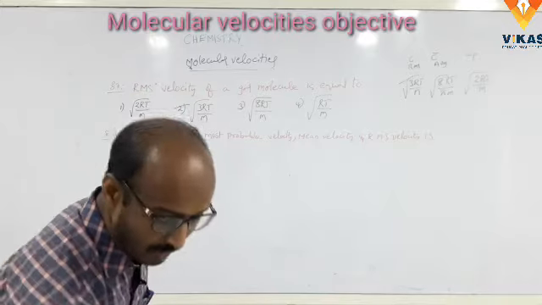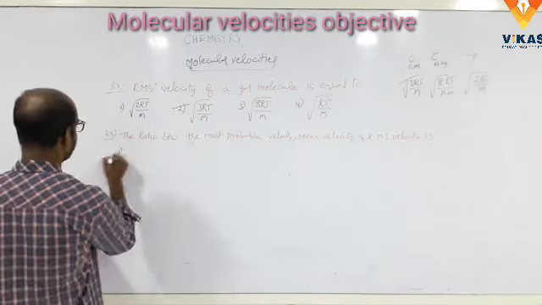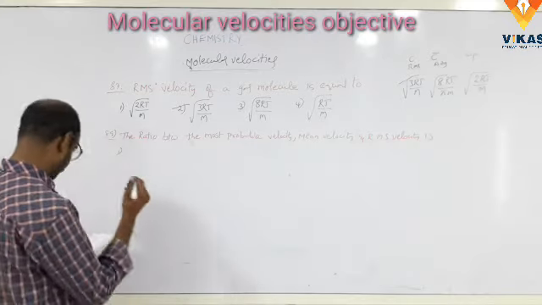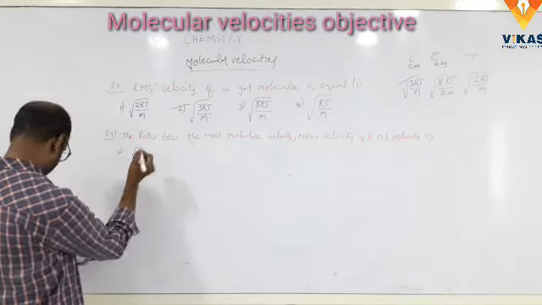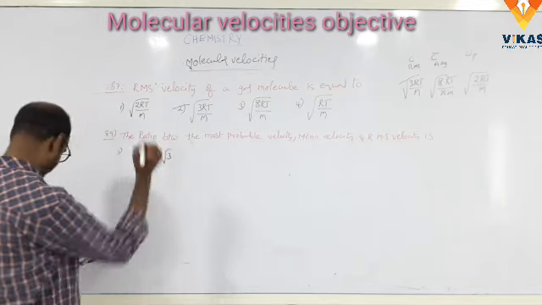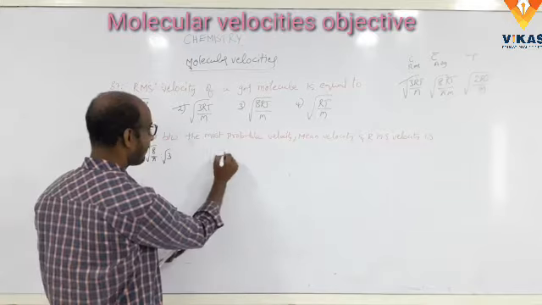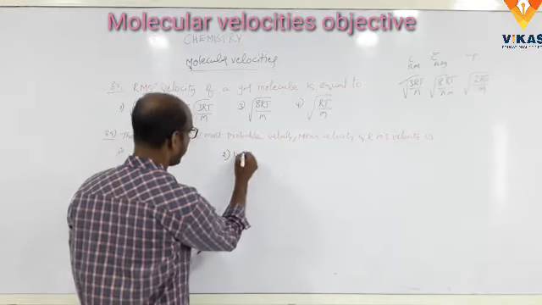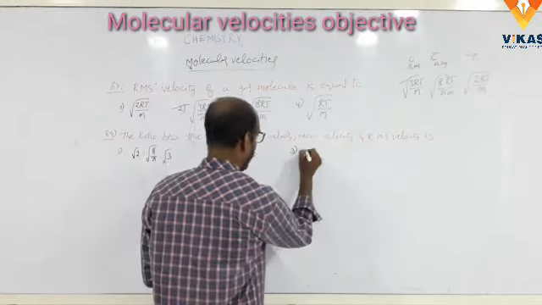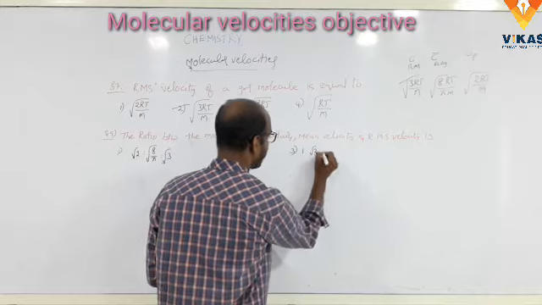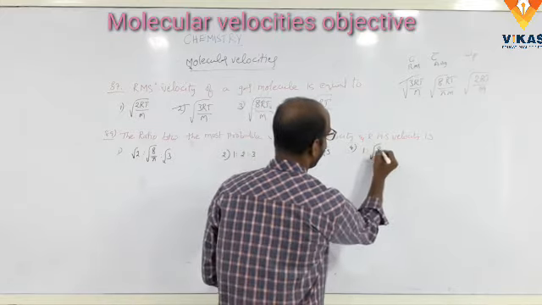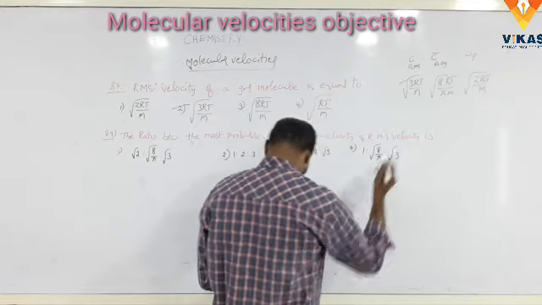There are four options. Number one, root 2 is to root 8 by pi is to root 3. Second one, 1 is to 2 is to 3. Third one, 1 is to root 2 is to root 3. And option 4, 1 is to root 8 by pi is to root 3.